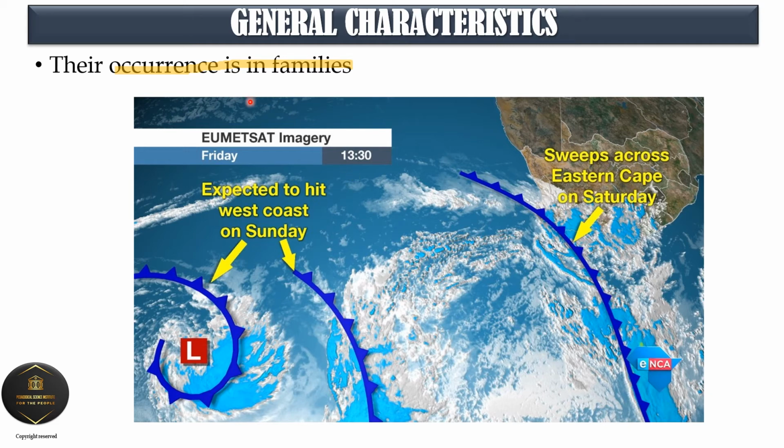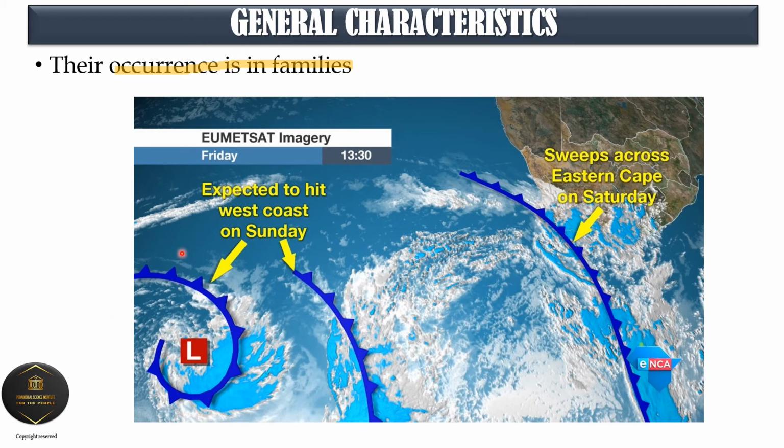Them occurring in families simply means they will occur subsequent to each other in a specific order. After one mid-latitude cyclone has affected the interior or the west coast, another will follow, and another will follow. If you are asked in the exam which one is older, you say the one that occurs first is older because it is going to get to the occlusion stage or get destroyed first.